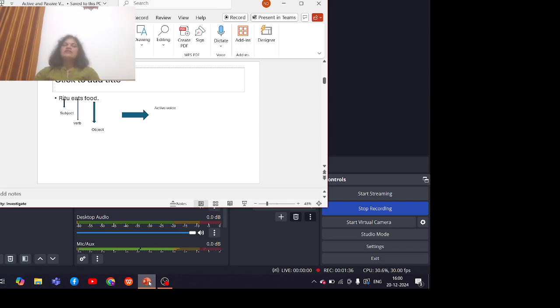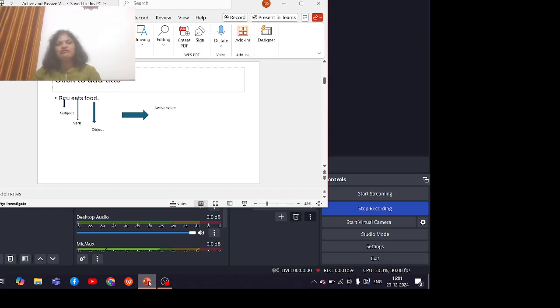Now look at this example. Ritu eats food. Ritu is a subject, eats is the verb, food is an object. It is an active voice. Now here, why is it an active voice? Because Ritu performs some action. Here the subject does some action.